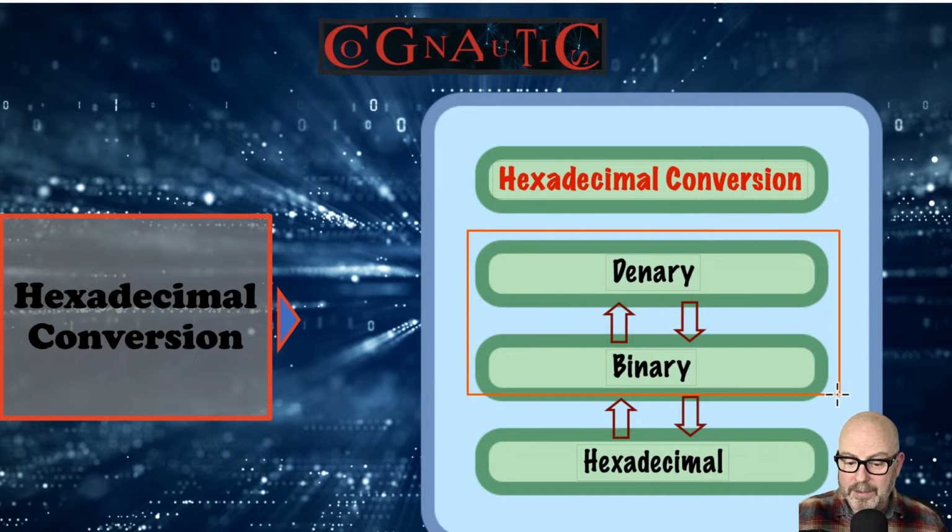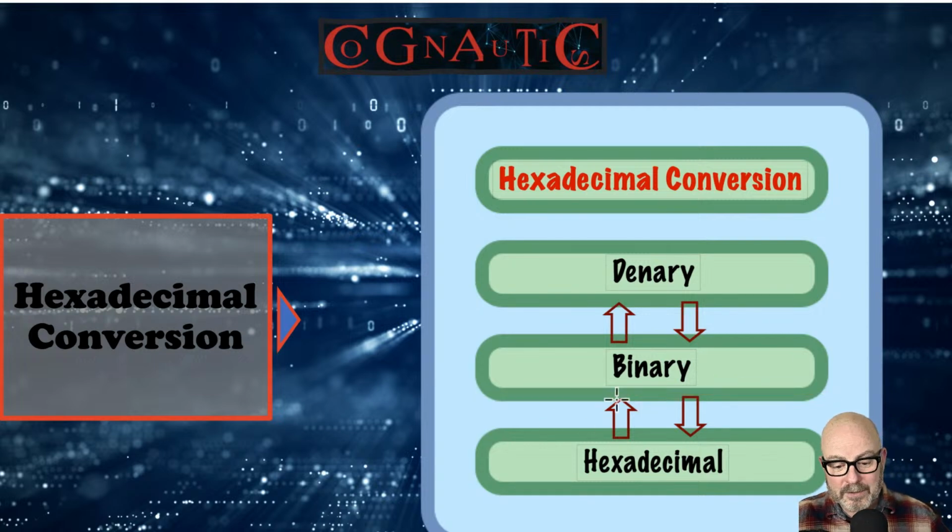So we've done that. But then what you need to do is this second part, which is if you're going from decimal, denary, to hex, turn it into binary, and then turn it into hex, okay? So I'm going to show you these conversions now. And again, they're actually quite straightforward. The maths involved here is remarkably simple.